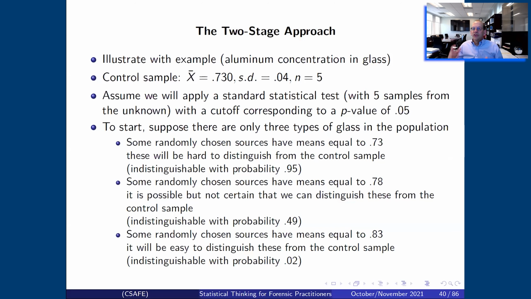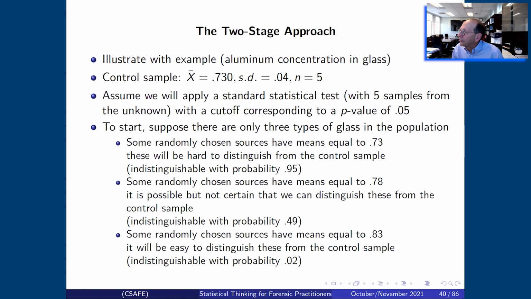I have a procedure that I can pull off the shelf and use to compare two sets of fragments. And to illustrate how stage 2 might work, I'm going to make a very incorrect, simple assumption. Suppose there are only 3 types of glass in the entire world. One type of glass happens to match my window at the crime scene. That is, these are sources that have true mean equal to 0.73.